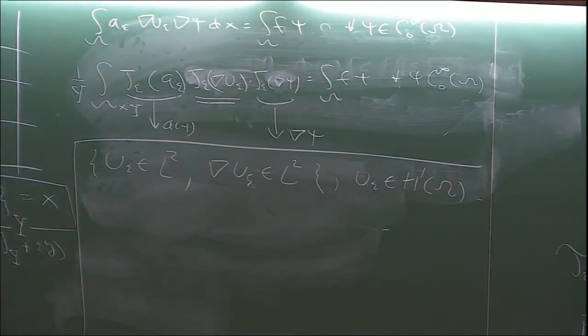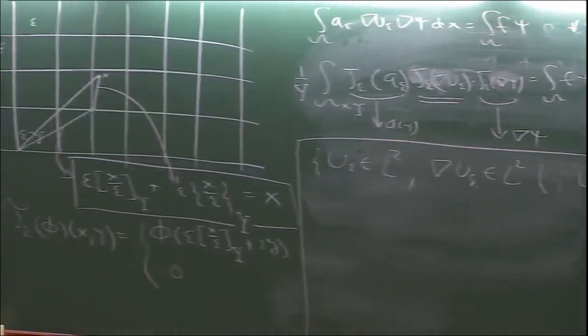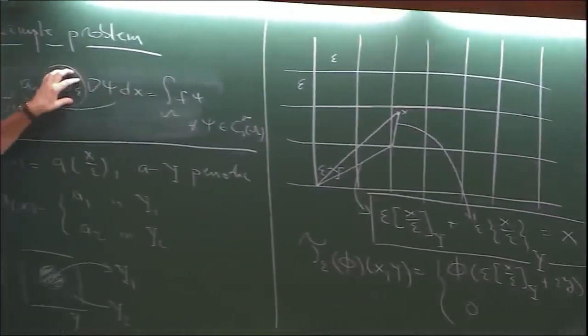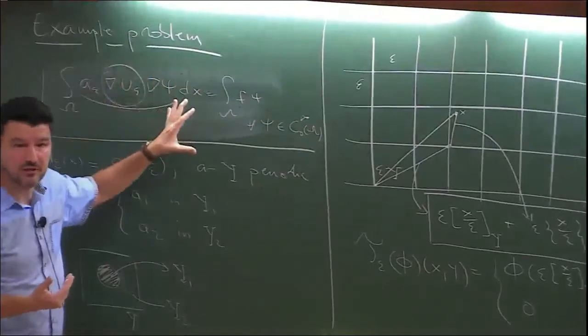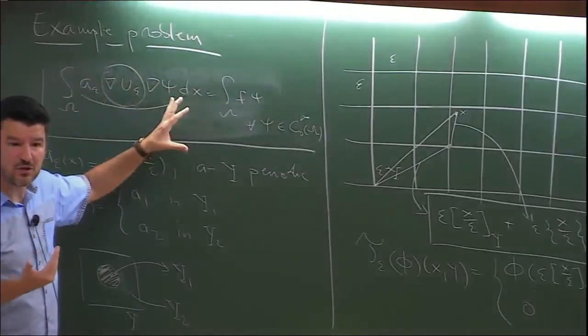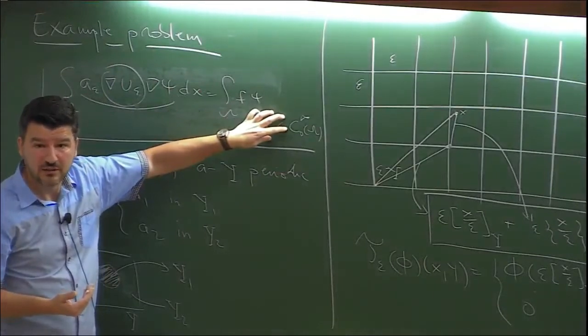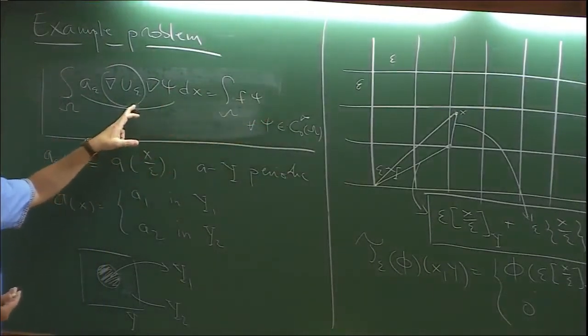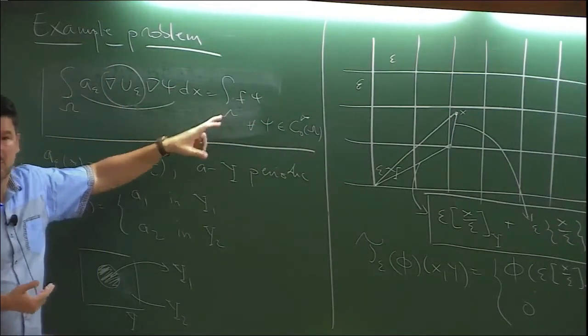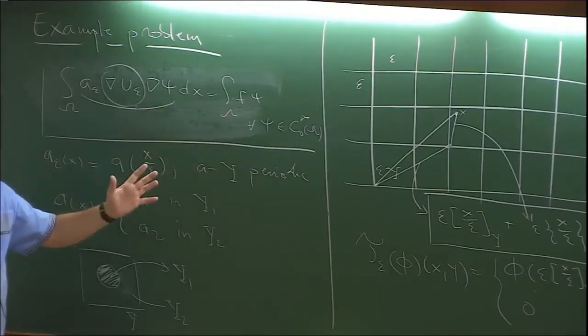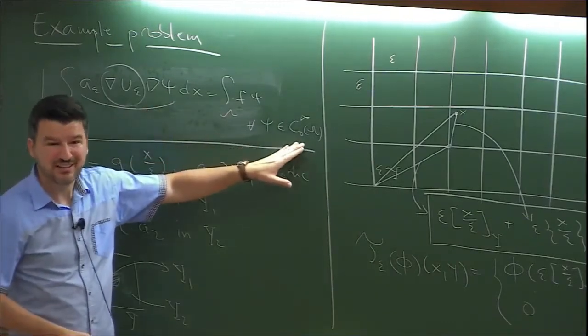So let's do a little bit of math here. If you believe that this has a solution, u epsilon, then you have room to play. What can you play with in this formulation? The degrees of freedom are what? You're free to choose any psi you want to see particular properties of u epsilon, because this is satisfied for every psi. So you can choose psi whatever you want, as long as it's in this space.